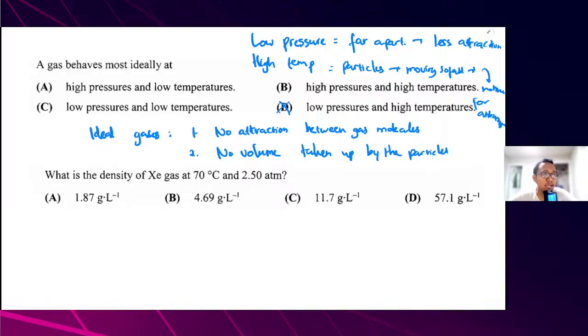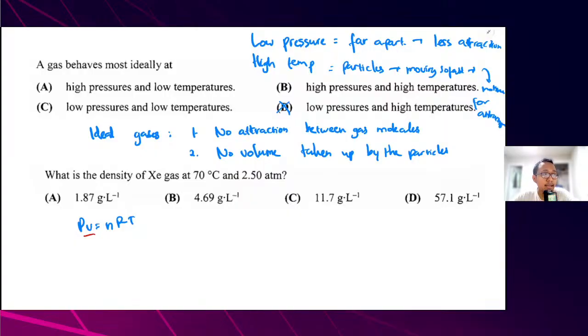So the key concept, we can use the ideal gas equation, PV = nRT. We have V over here, so we need to know V first.